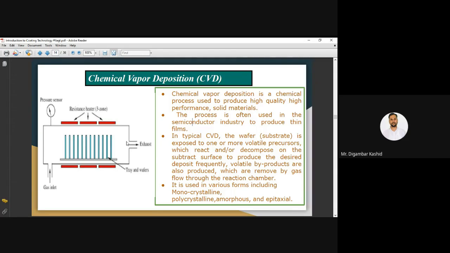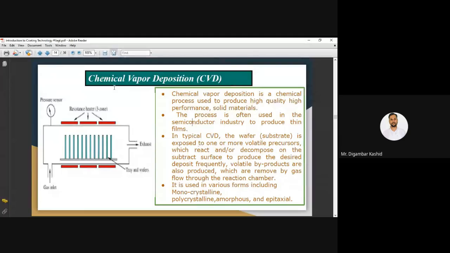Now normally this CVD is used in various forms, including monocrystalline, polycrystalline, amorphous, and epitaxial. So this is again just a short introduction to chemical vapor deposition.